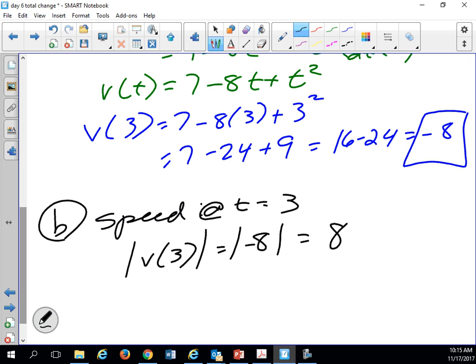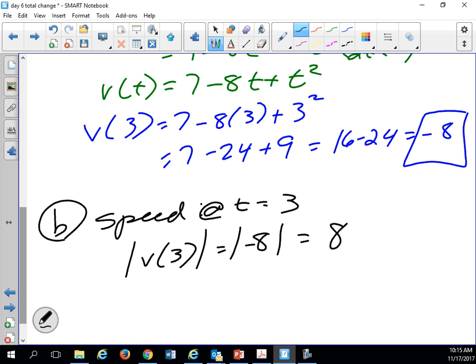FYI, if you screwed up part A and you got negative 10 for your velocity, and you put your speed at 10, you would lose the point for the velocity, but you would keep the point for speed, because you evaluated speed correctly from your velocity. Does that make sense? It's called reading through with your mistakes.